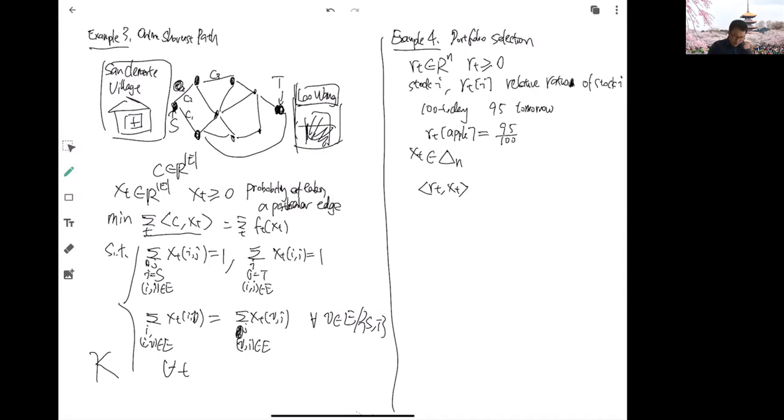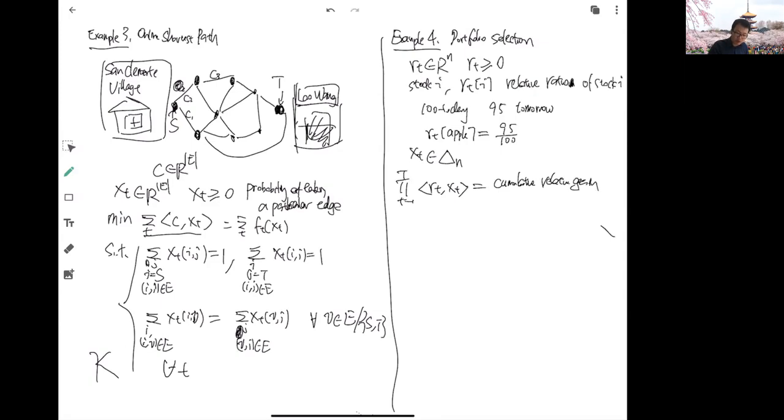But this is multiplicative. So after trading for T days, the cumulative amount, suppose you start on day 1 with an asset of 1, the product over T from 1 to T will give you the cumulative relative gain.